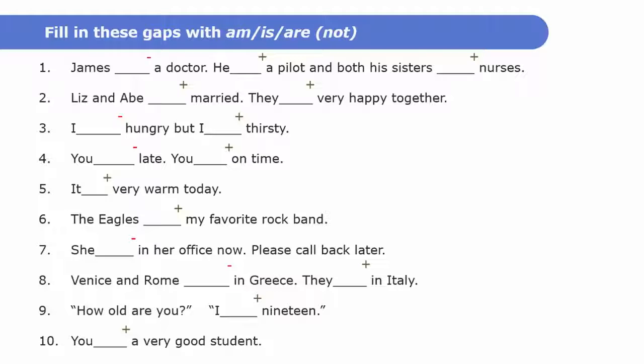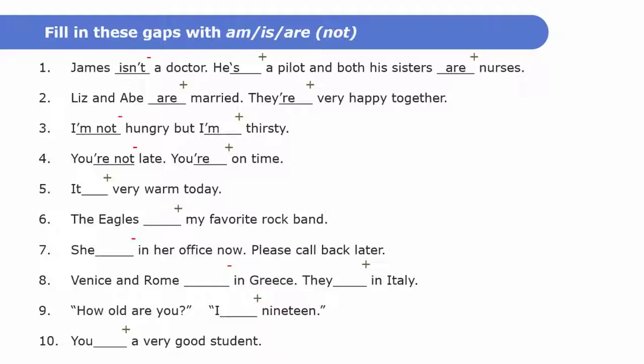Number 1, James isn't a doctor. He's a pilot and both his sisters are nurses. Number 2, Liz and Abe are married. They're very happy together. Number 3, I'm not hungry, but I'm thirsty. Number 4, you're not late, you're on time.